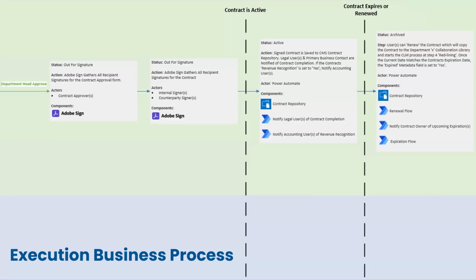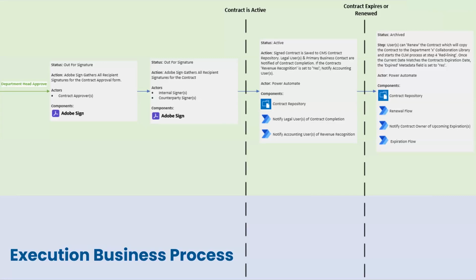After all signatures have been collected on the contract, Power Automate saves the signed contract to the centralized contract repository on the hub site. It then marks the contract as active and notifies the appropriate users that it has been completed, whether that be the contract owner, legal team, or accounting department.